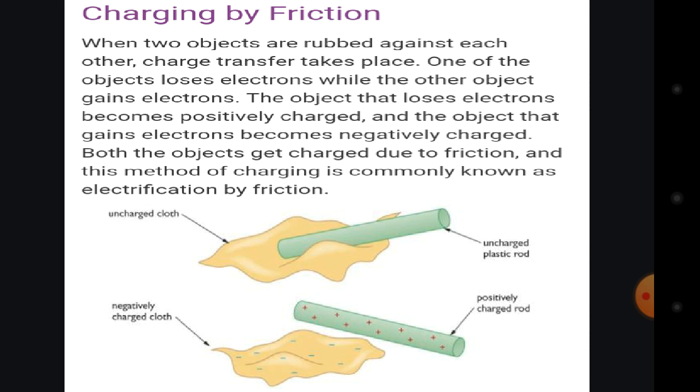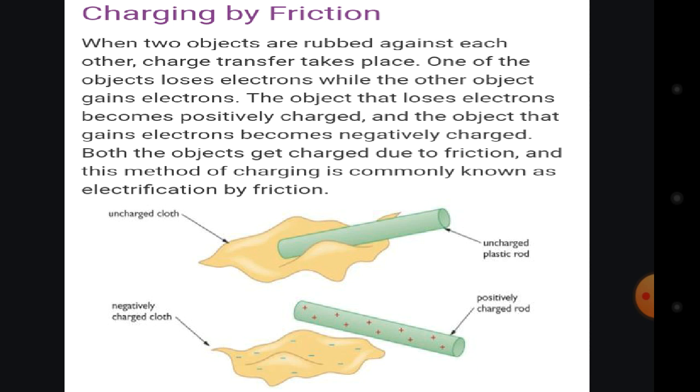When we say it is uncharged, we are talking about it is not charged. We also have an uncharged plastic rod. Both of them here are uncharged, because we did not rub them together.